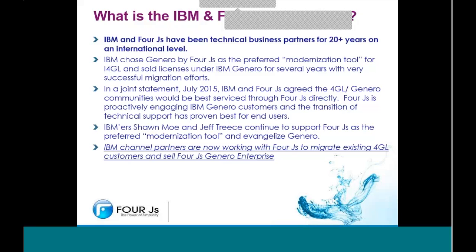And in doing so, we still have Sean Moe and Jeff Treese at IBM that are very supportive and actually choose 4Js as the preferred modernization tool. With that, we have Lester and Advanced Data Tools that is an IBM channel partner as well as a direct partner with 4Js in helping to facilitate those who want to migrate to Genero Enterprise.